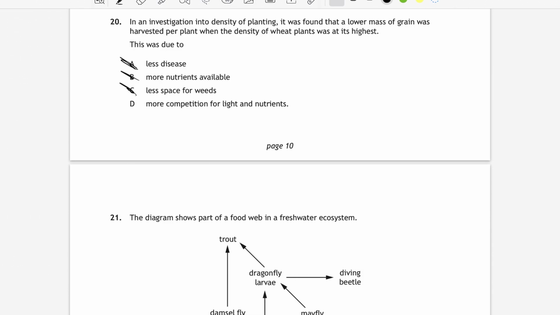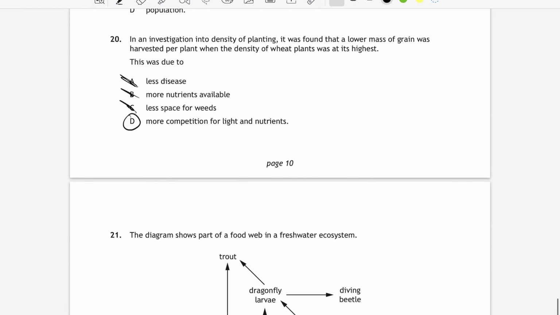Now, obviously, competition is something that you do look at in National 5. We're looking at interspecific and intraspecific competition. In this case, we're seeing the intraspecific competition within the species of grain, so that's the wheat plant. There's too much of it growing in this field, and they're all competing for light and nutrients.